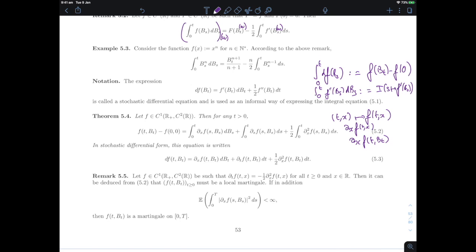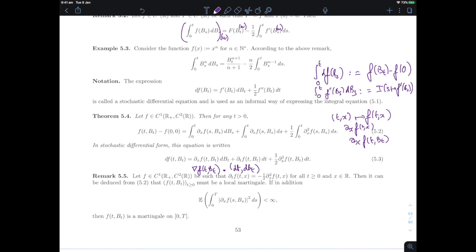And with ds, I mean the derivative with respect to the first variable. So what we have, written here as a stochastic differential equation, is really a term that you could also write as the gradient of f at (t, bt) dotted with the vector (dt, dbt).